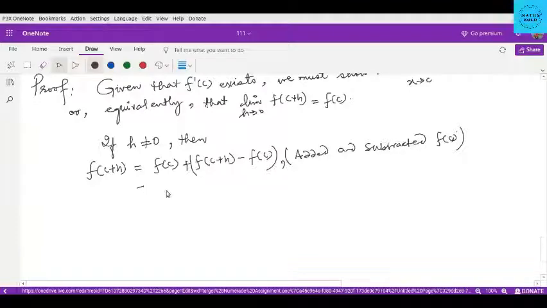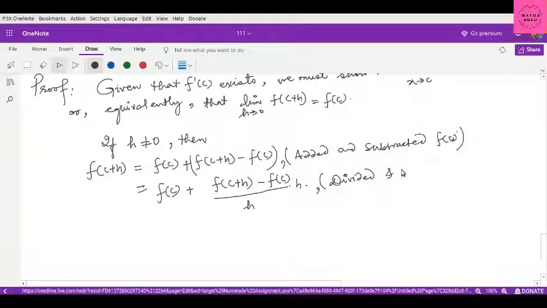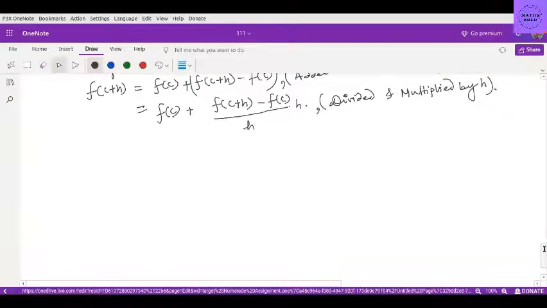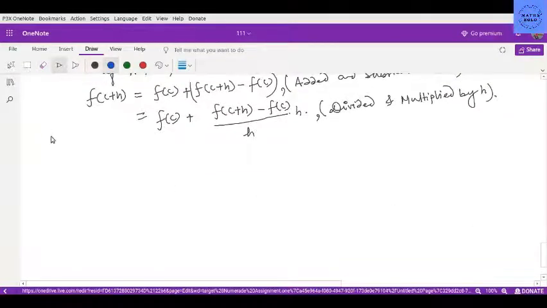So this is written as f of c plus f of c plus h minus f of c upon h into h. Here we have divided and multiplied by h.